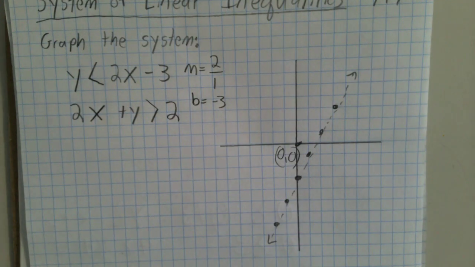I'm going to plug that into this equation, and I'm going to see if I get a true or an untrue statement. If I get a true statement, that means I'm going to shade above. If I get an untrue statement, that means I'm going to shade below because it excludes that point from the shade. Yes? Let's do it.